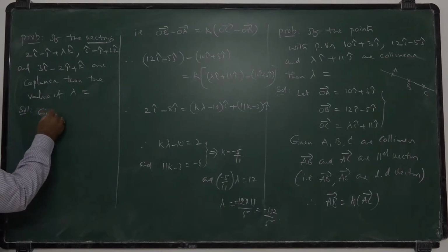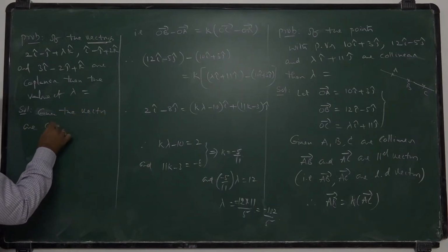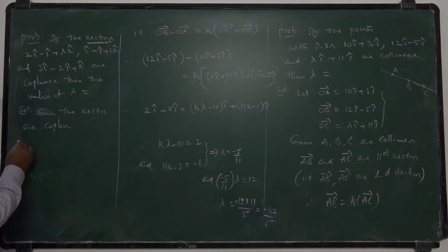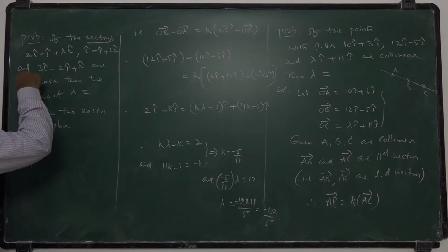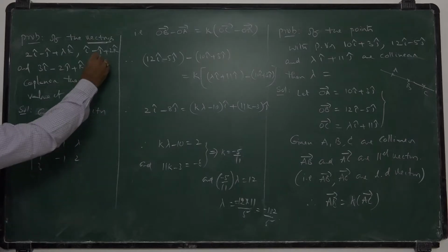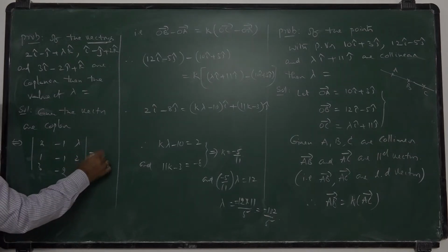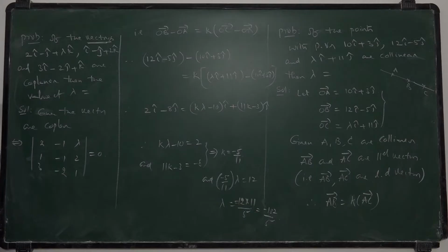Given the vectors are coplanar, that implies the determinant of coefficients of i, j, k, that means 2 minus 1 lambda, 1 minus 1 2, 3 minus 2 1, must be 0, because coplanar vectors are always linearly dependent.